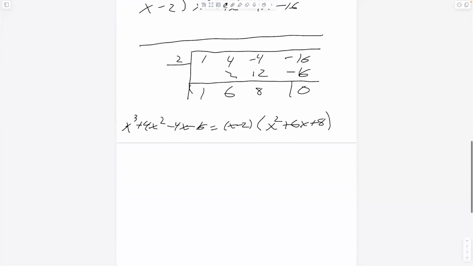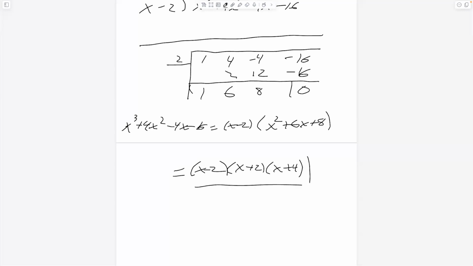And we're going to keep going until we get all linear factors. This guy factors again. Like you should be able to do that in your head. That's x plus 2, x plus 4. 2 times 4 is 8. 2 plus 4 is 6.